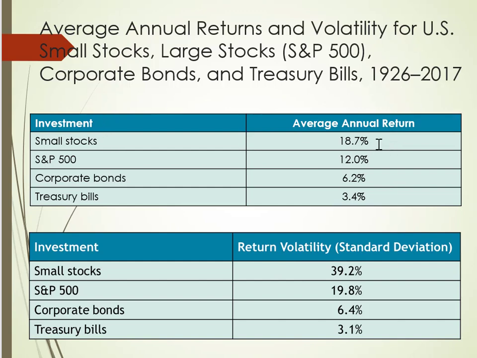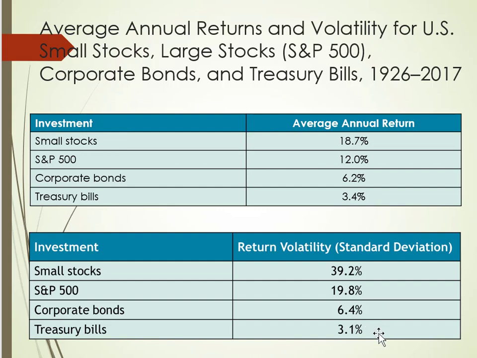But small stocks here averaged 18%, and they had a 39% standard deviation. Standard deviation measures volatility. It measures risk. S&P 500, again, 12%. 19% is the S&P 500 as far as standard deviation. So it has lower returns, and thus also it has less risk.